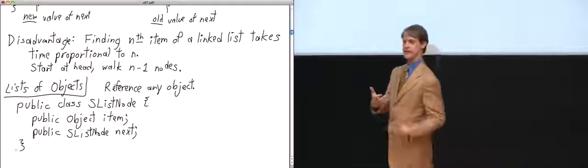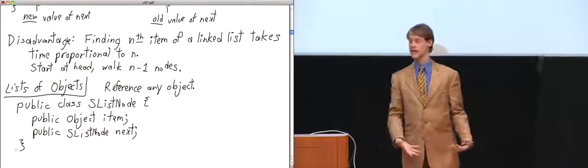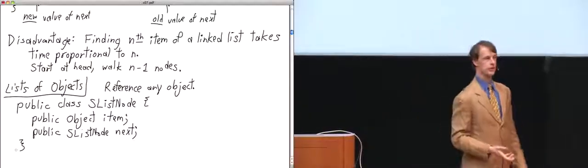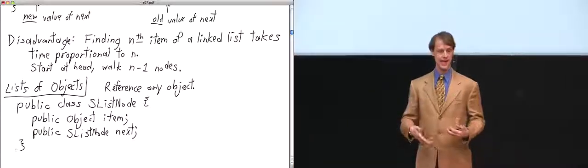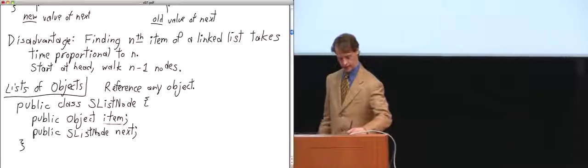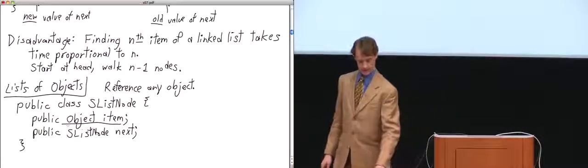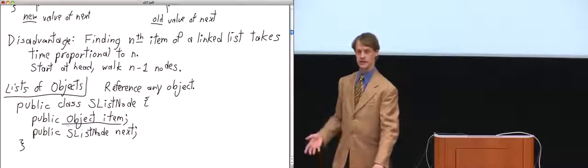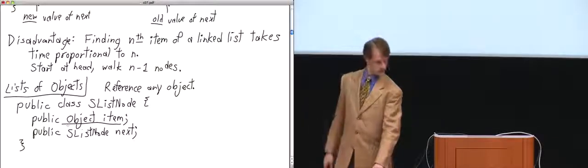It's just the class in Java that envelops all other classes. So every object you declare in Java is a specialized class of the Object class. So you can store any kind of Java object in this item field, regardless of what it is. You can't store primitive types there, but you can store any class of object.